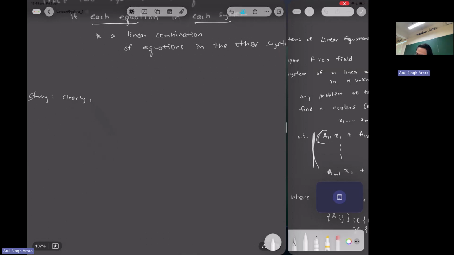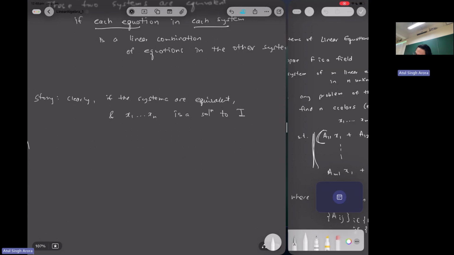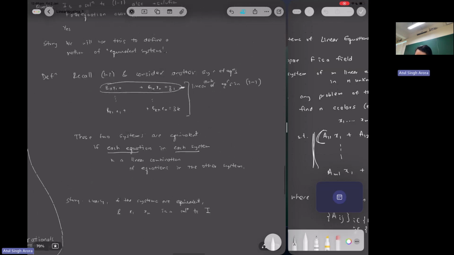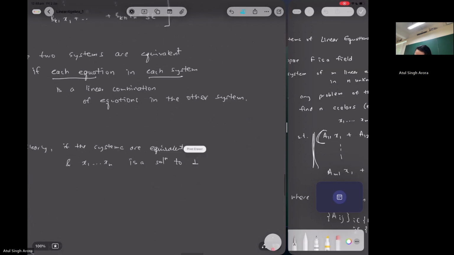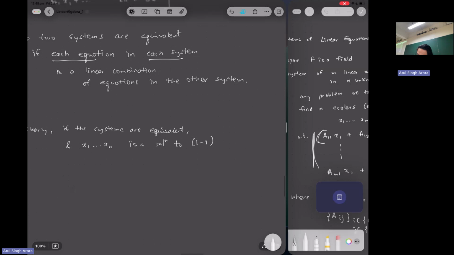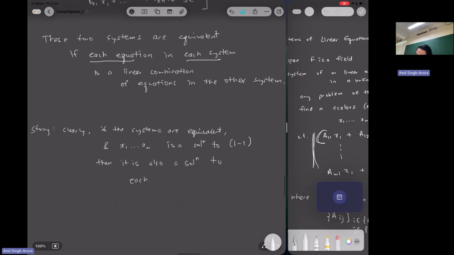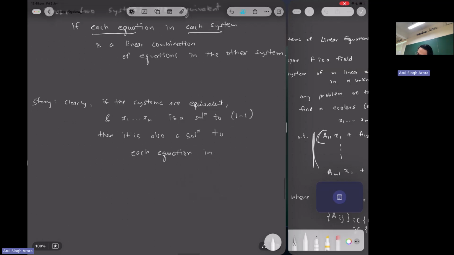So clearly, if the systems are equivalent, and x1 to xn is a solution to the first system, let's call these 1, 1 and 1, 2, then it is also a solution to each equation in 1, 2.